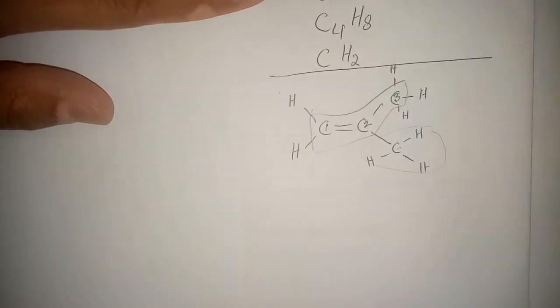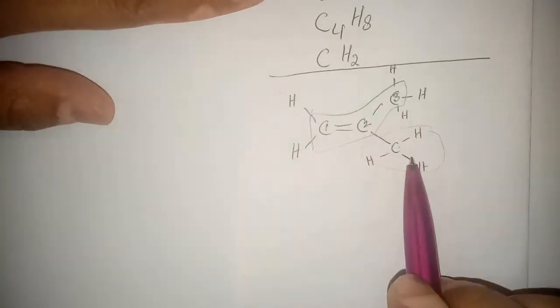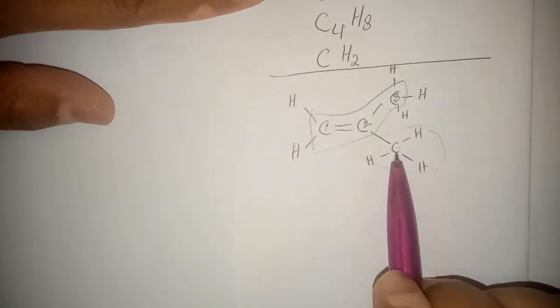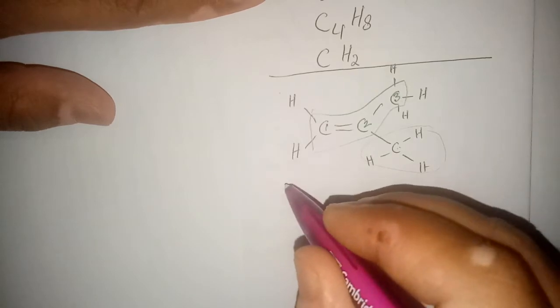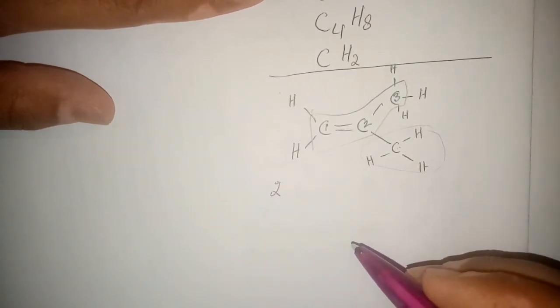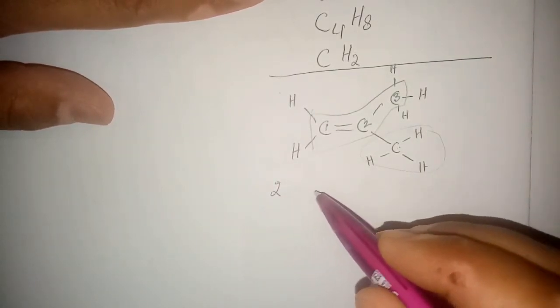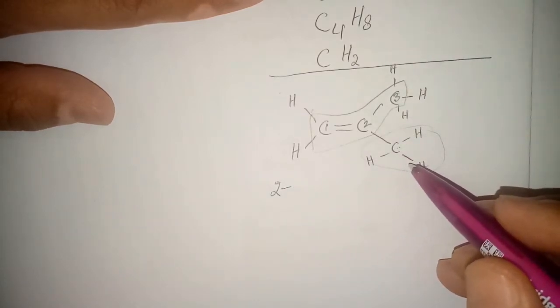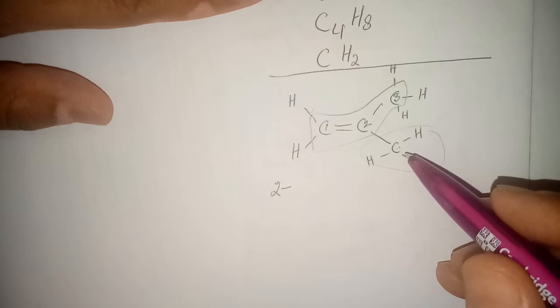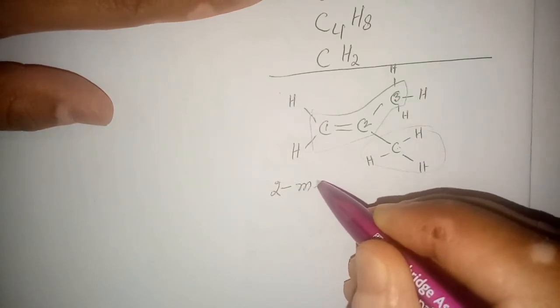Now as you know, first of all we have to mention the position of the branch, and in this structure the branch is present at carbon number 2. So we have to mention the position 2, indicating that the branch is at carbon number 2. And the name of the branch is methyl, as it contains only one carbon atom.